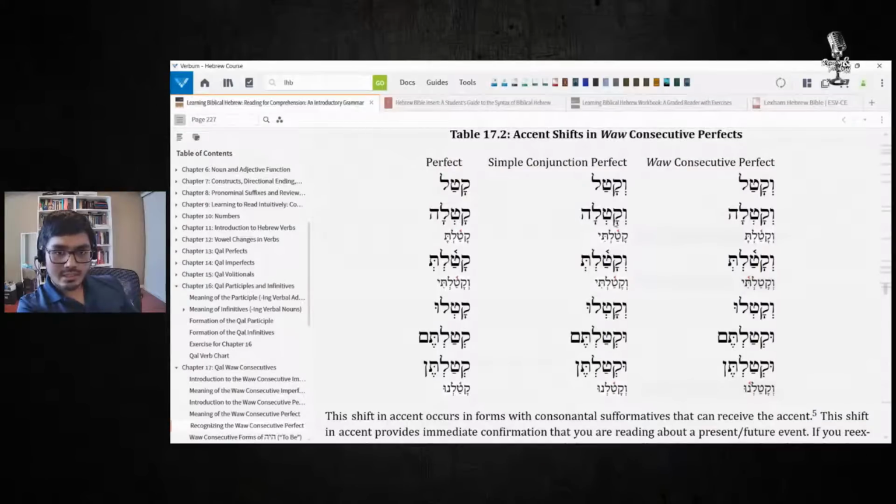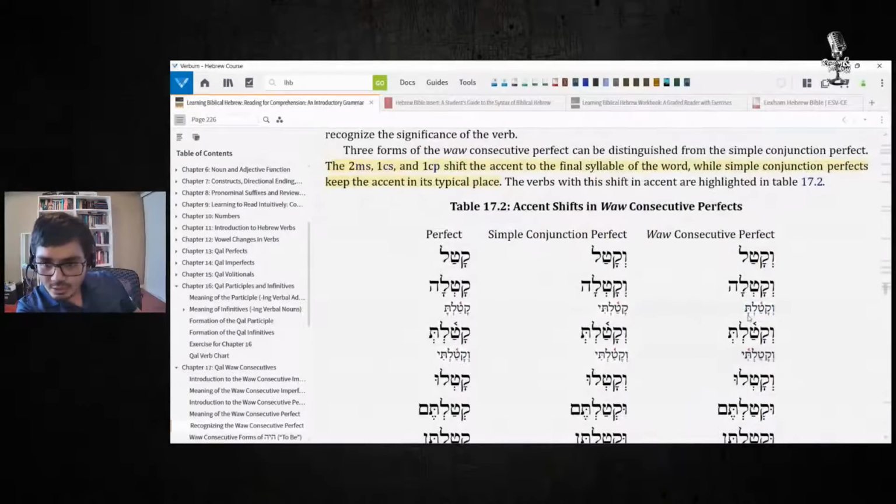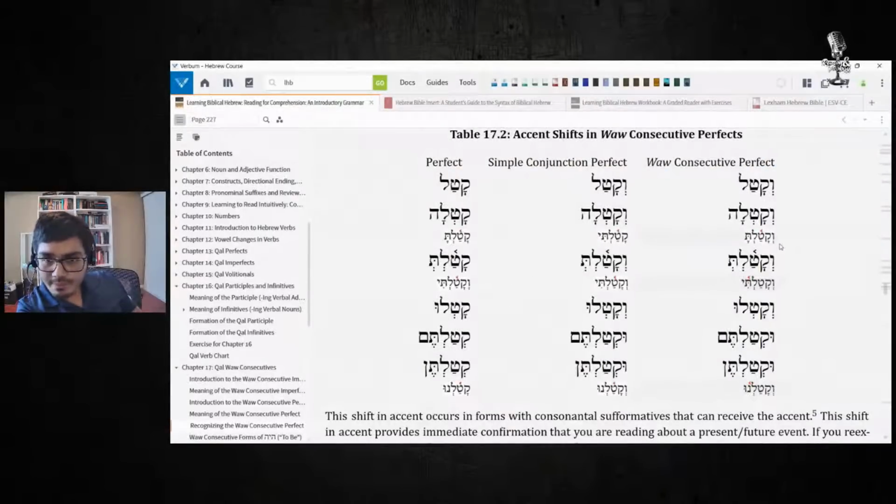So in the simple imperfect, you would have katalti, whereas in the vav consecutive perfect, it would be vekatalti. Actually, that one not actually.